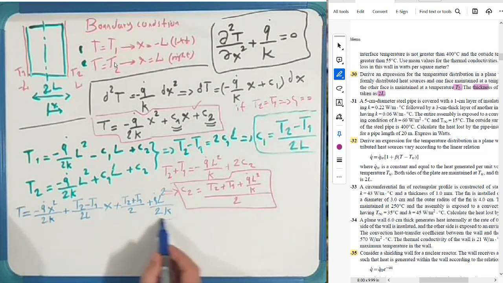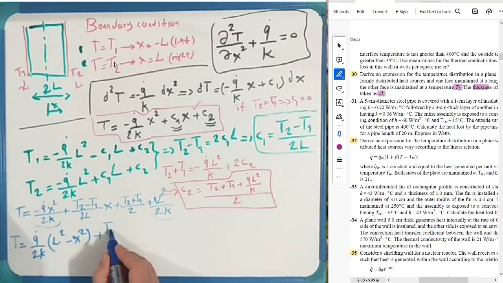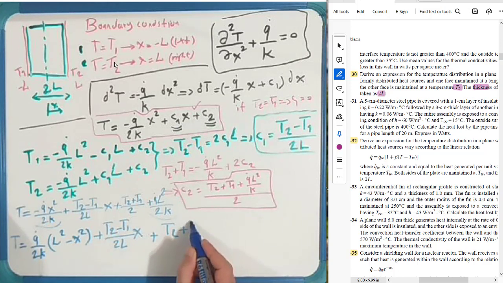These terms and these terms are the same, so if I write it this way: Q dot over 2K times L squared minus x squared, plus T2 minus T1 over 2L times x, plus T2 plus T1 over 2.